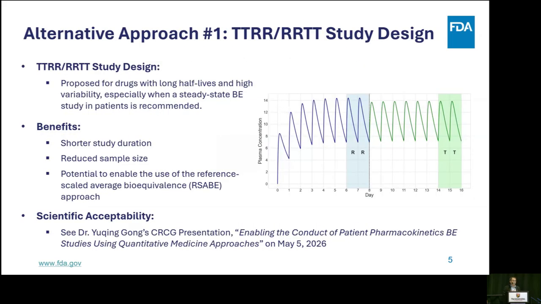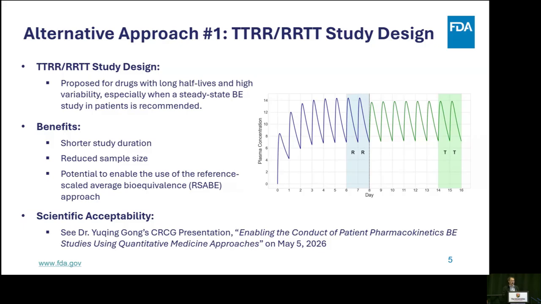So let's start with the TTRR-TT study design. This is a popular study design. Yesterday, you heard two talks presenting this study design. It's especially useful for drugs with a long half-life and high variability, especially when a steady state BE study in patients is recommended.